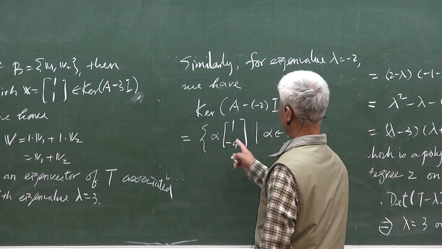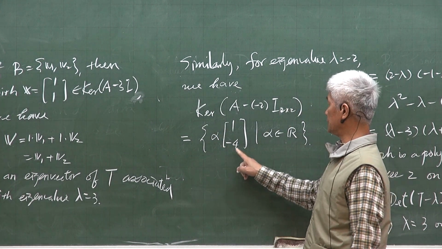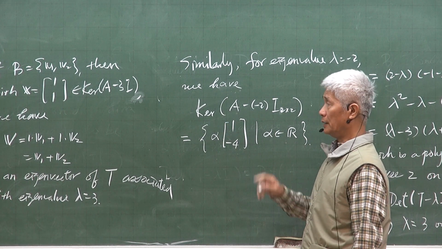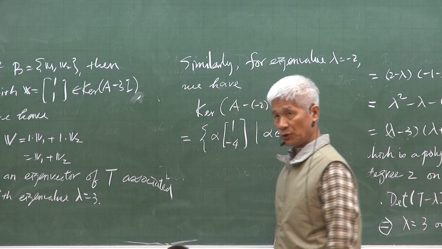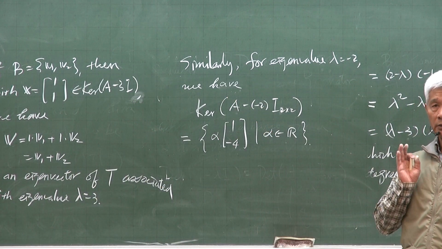Okay, so any non-zero vector in this kernel is the B coordinate of an eigenvector of T associated with eigenvalue -2.